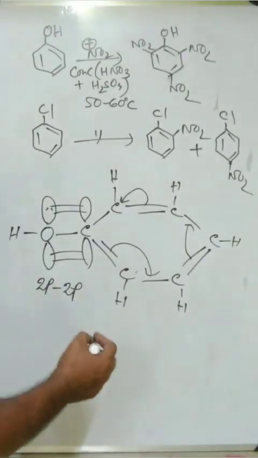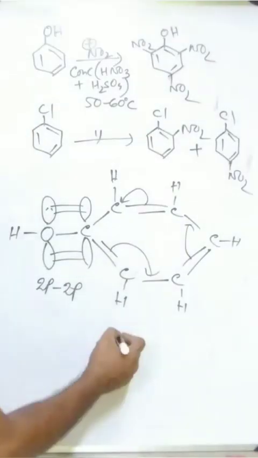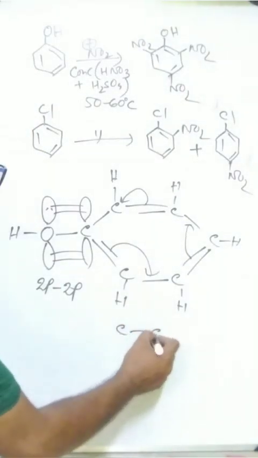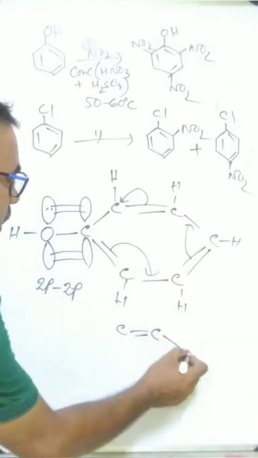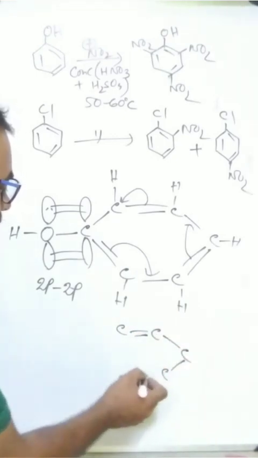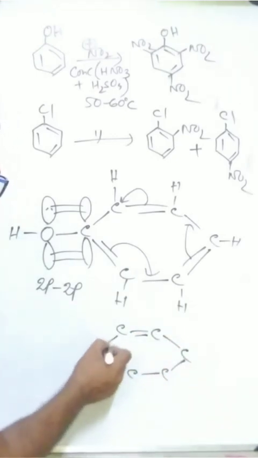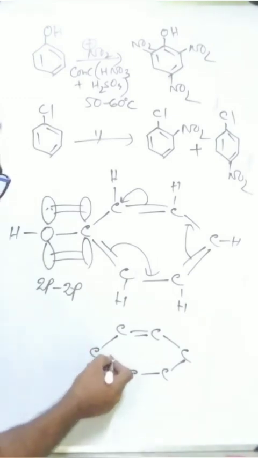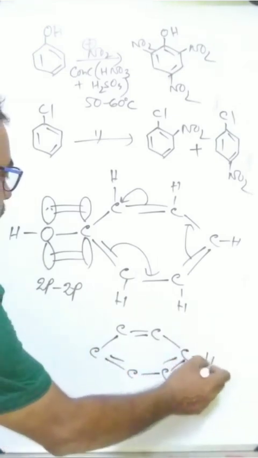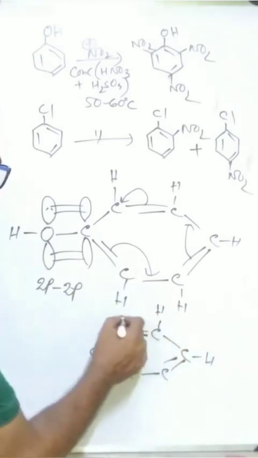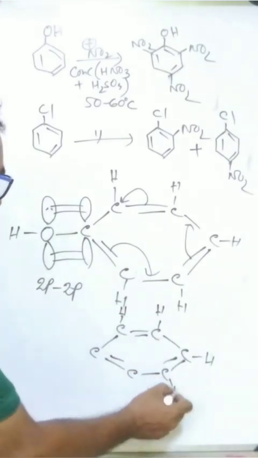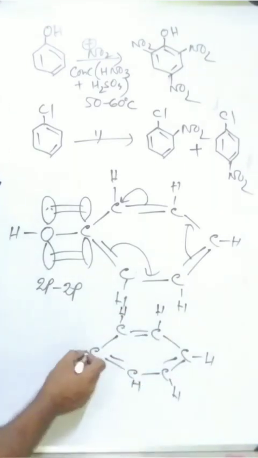But in case of chlorine, when chlorine is attached to benzene, let's see what happens. Here hydrogen, hydrogen, hydrogen, hydrogen, hydrogen, and here chlorine.